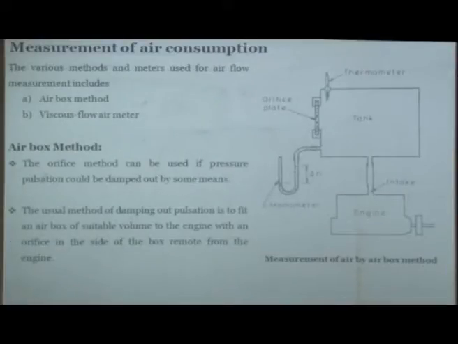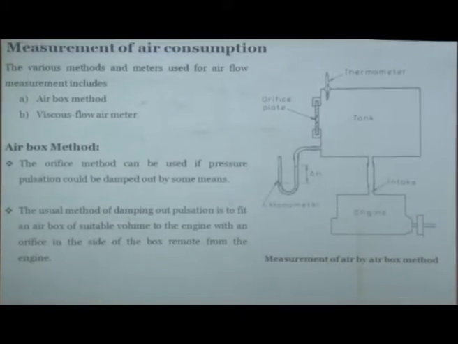Okay. So, how do we measure? We still use the same method, but we try to kill the pulsations. How do we kill the pulsations? Suppose I have a big single cylinder engine of 1 liter capacity. Let me ask you this question.